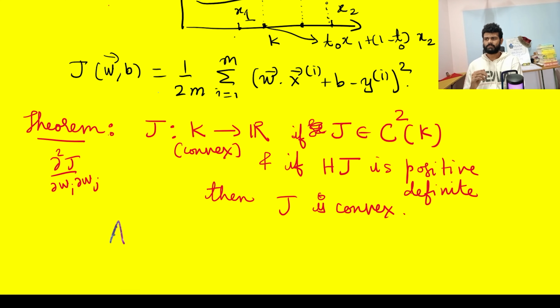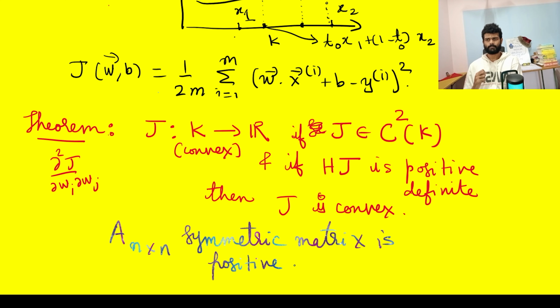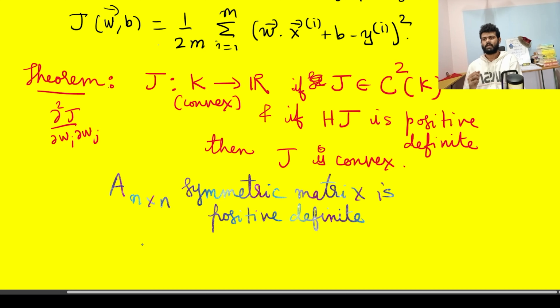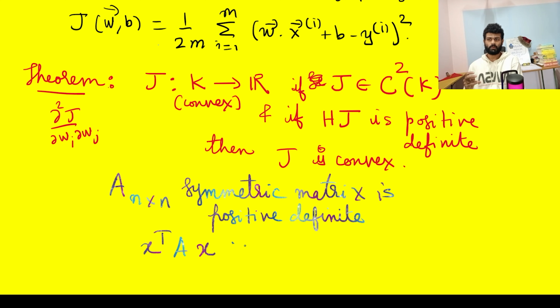A matrix A, an n cross n symmetric matrix, is positive definite if you do this calculation, x transpose A x, for any non-zero column vector x, and if this is positive for all such x, then we say this is a positive definite matrix.